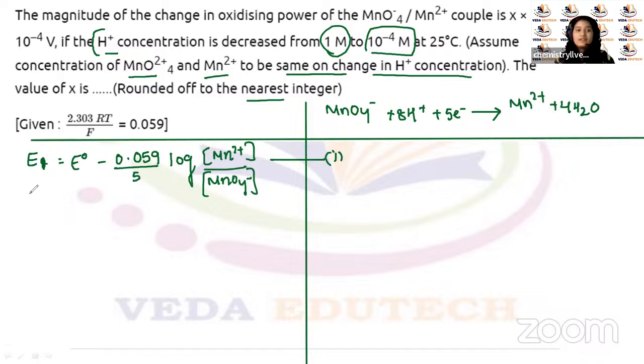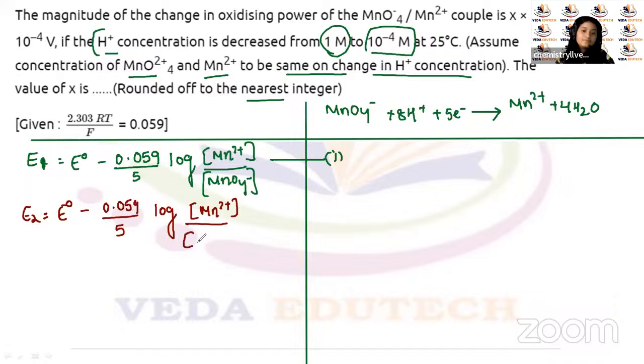Coming to the next part. Now E2. So E naught minus 0.059 by 5 log Mn2 plus over MnO4 minus, this is H plus to the power 8. And what is being given here, children? 10 to the power minus 4.